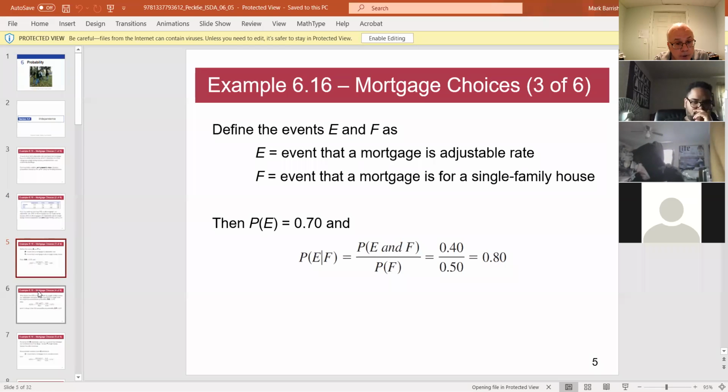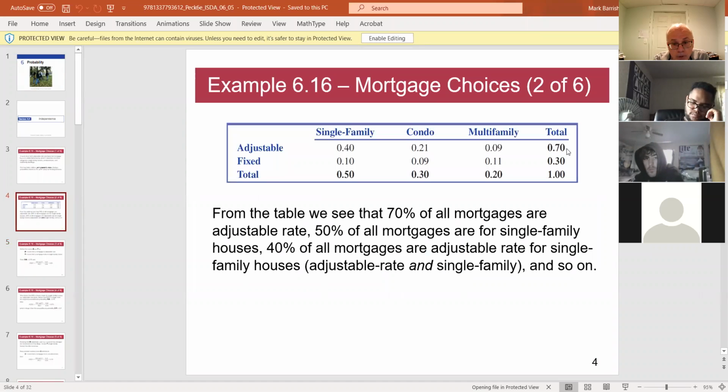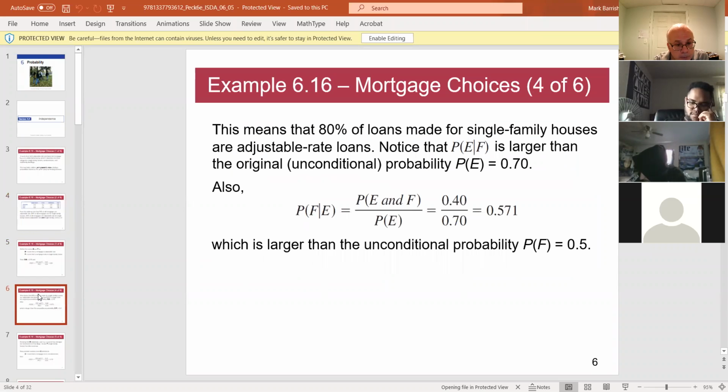I think the denominator is E, because we know that the mortgage is adjustable rate. So let's go back. 0.7. That's our denominator now, because we know the mortgage is adjustable rate. Whatever comes after the vertical bar, that's our denominator probability. So it's 0.4 divided by 0.7, 0.571.